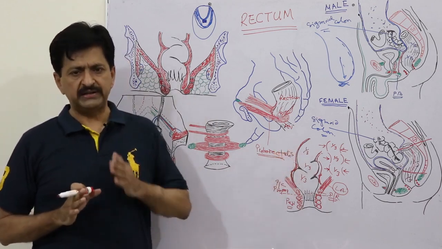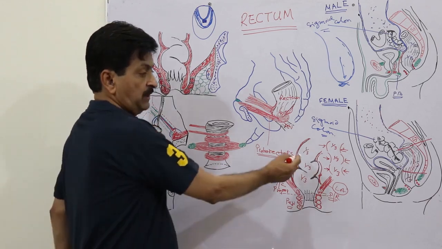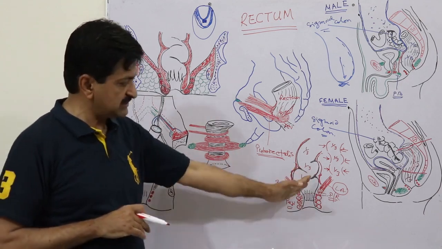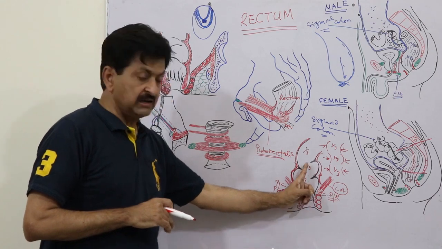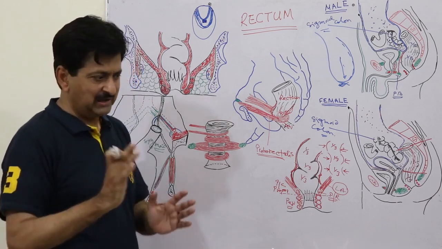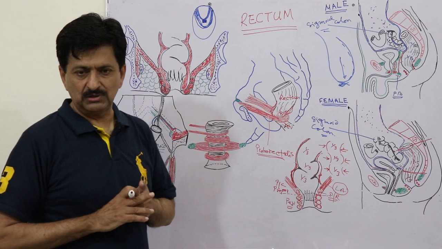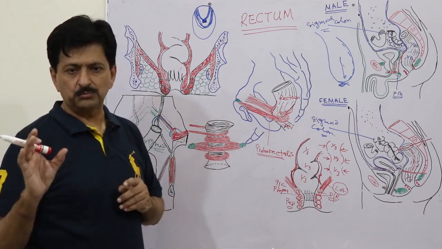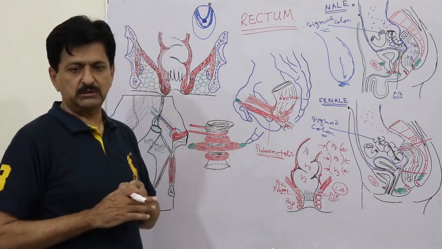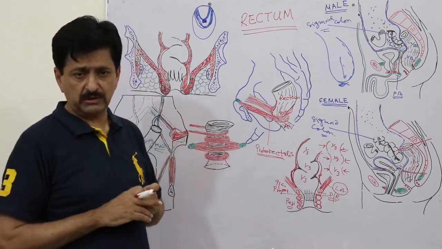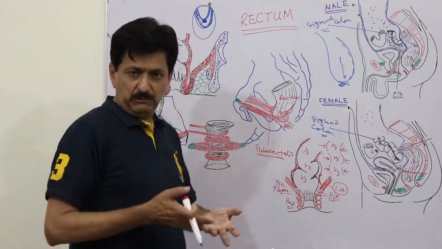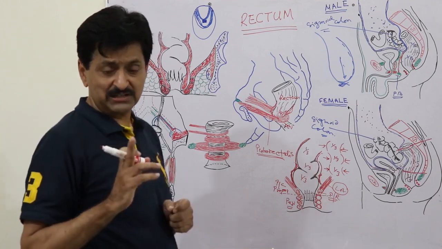Important in the sense that we have told you already that it has the outer longitudinal, inner circular, all these layers, mucosa, submucosa, etc. But if you look inside at the lumen of the rectum by the proctoscope, any procedure related to the rectum starts with proct-. Proctoscopy; proctectomy means you have removed the rectum; even the inflammation is called proctitis. It is not called rectitis, it is called proctitis.